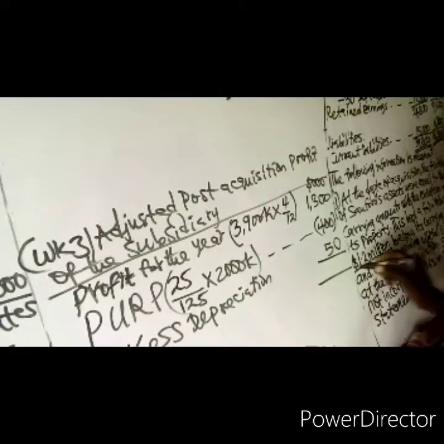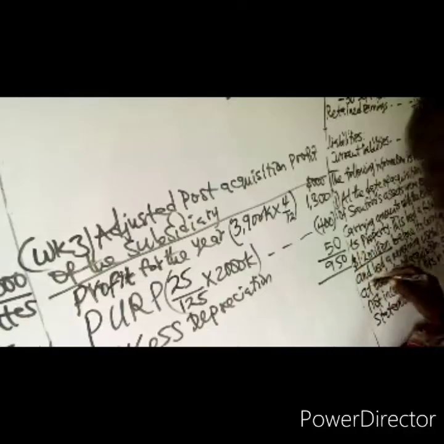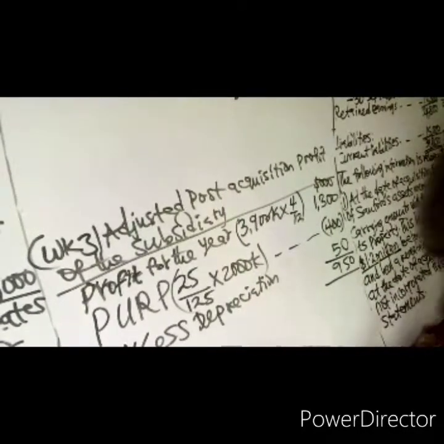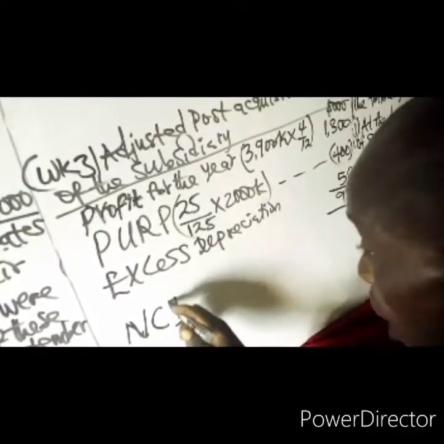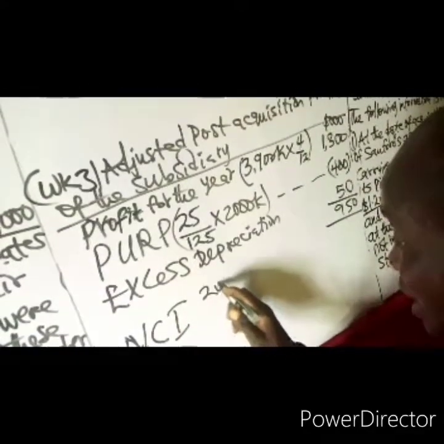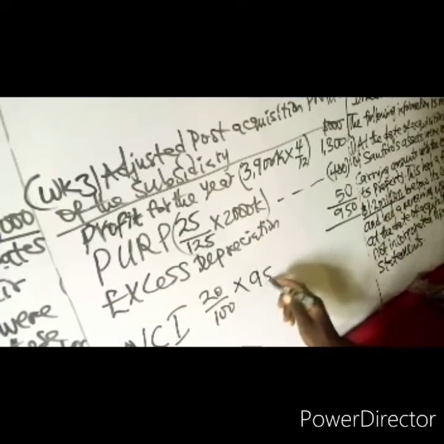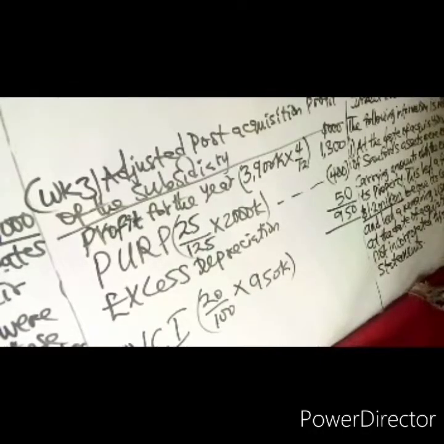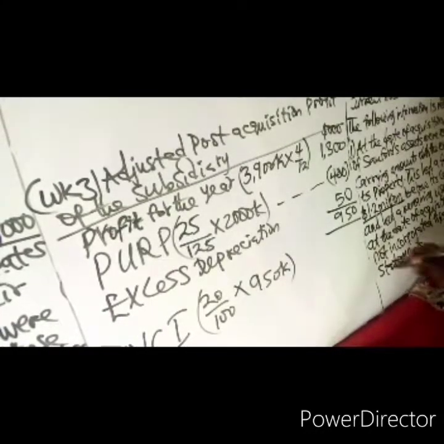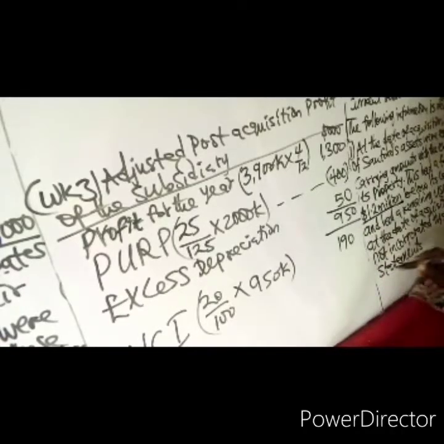Then you have 950. Remember, what the parent acquired in the subsidiary is 80%. Therefore, NCI, non-controlling interest, will be 20%. 20% of 950,000, that will be the amount of NCI that will appear in the statement of profit or loss.